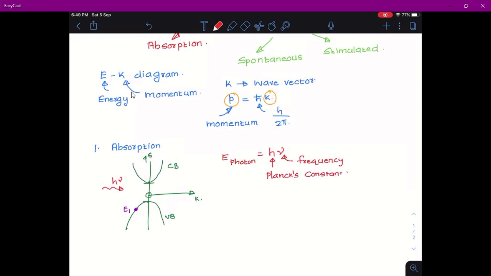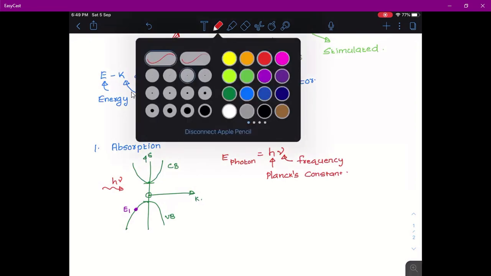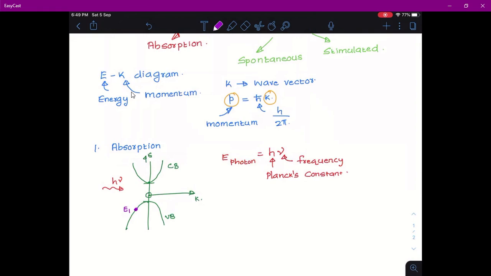So when you hit the direct band gap semiconductor with one photon of energy h nu, an electron at energy level E1 will jump into the conduction band to an energy level E2.